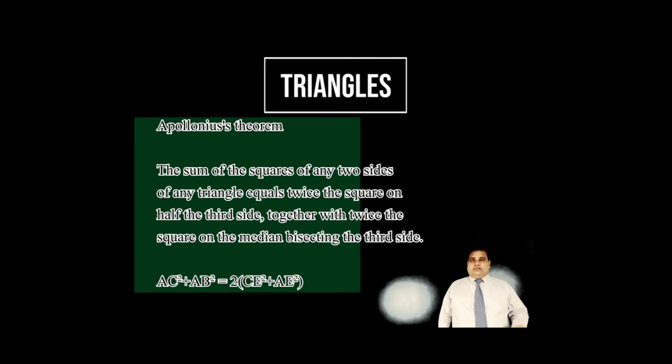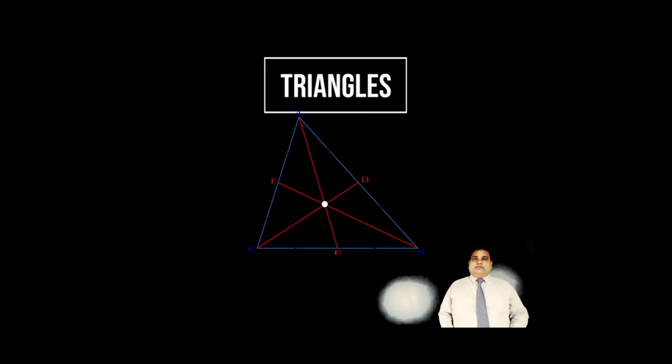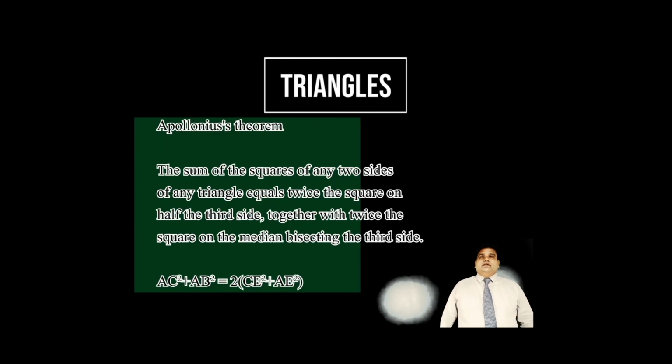So what is Apollonius theorem? It is a theorem relating the length of a median of a triangle to the length of its sides. The sum of the squares of any two sides of any triangle equals twice the square on half the third side together with twice the square on the median bisecting that side.